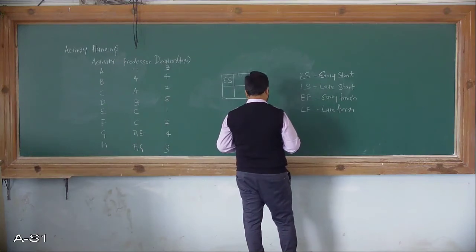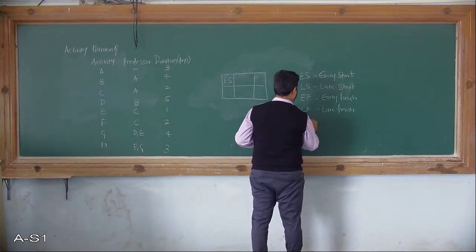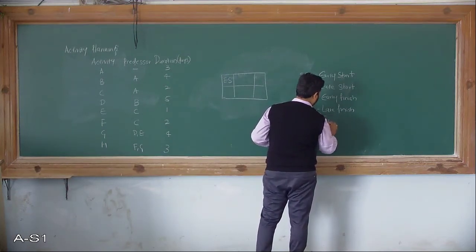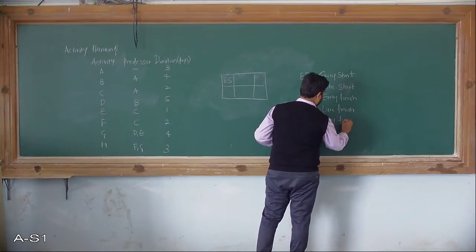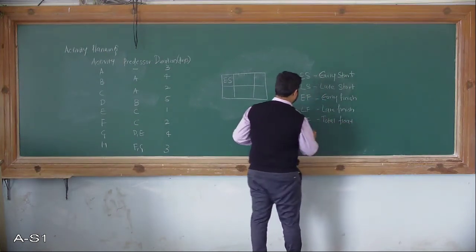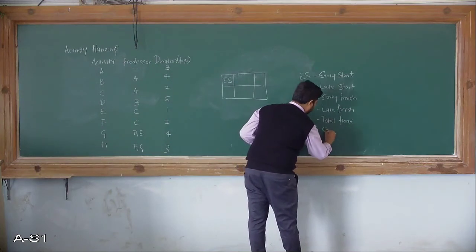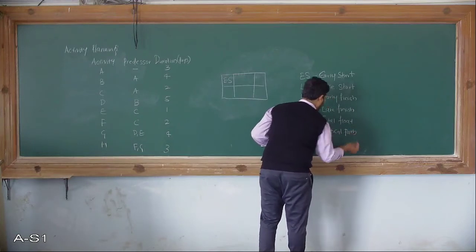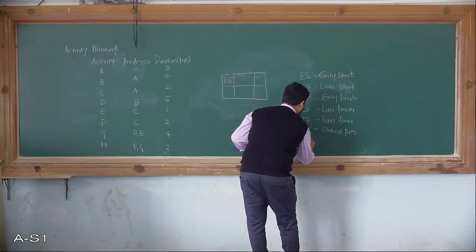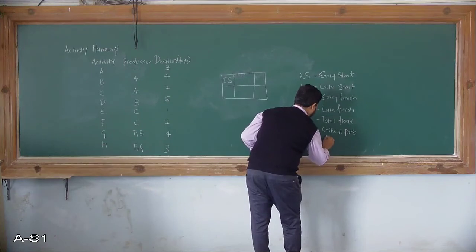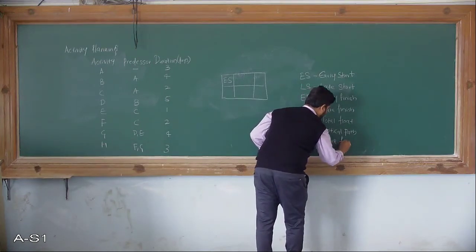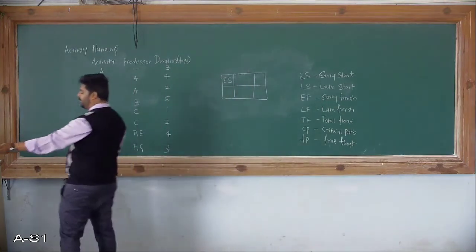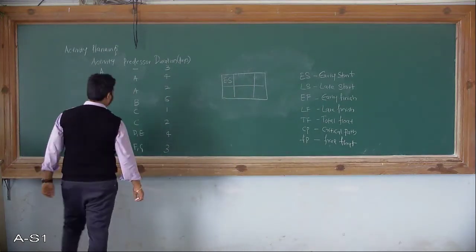Then TF is an acronym for total float. CP is for critical path. Then FF is for free float. Fine. So here we have mentioned the different types of dates.